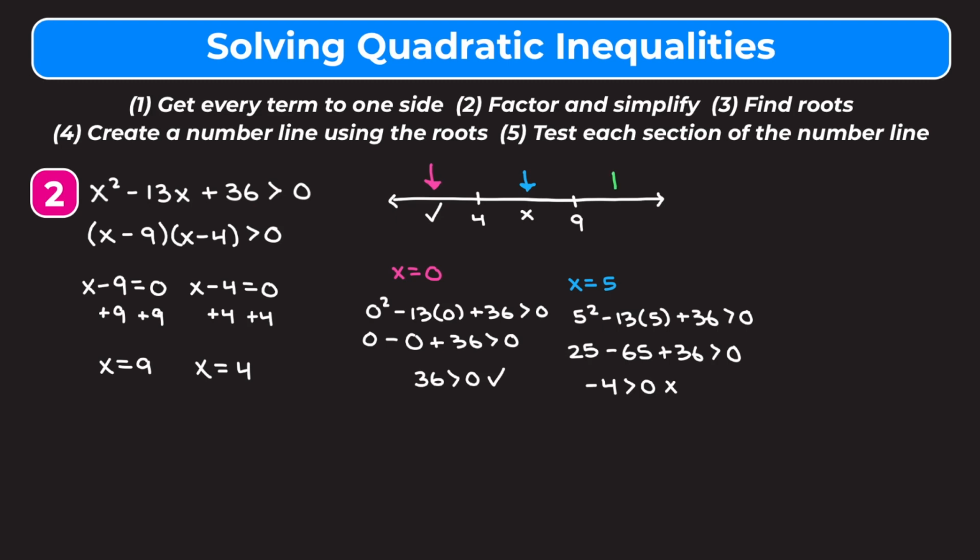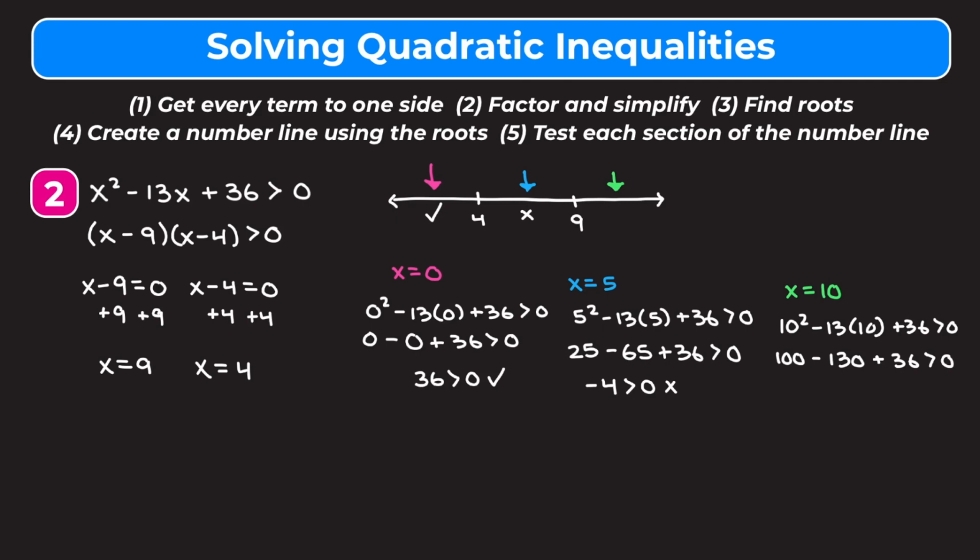And finally, I want to test this right part of our number line over here. So I need a number greater than 9, so I'll just do 10. So we're going to test x equals 10. So I'm going to plug 10 in for x in my original inequality. So I have 10 squared minus 13 times 10 plus 36 is greater than 0. 10 squared is 100 minus 13 times 10 is 130 plus 36 is greater than 0.